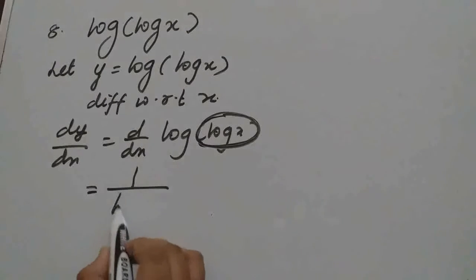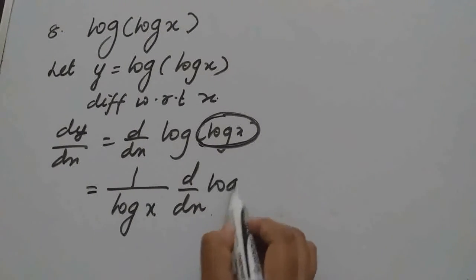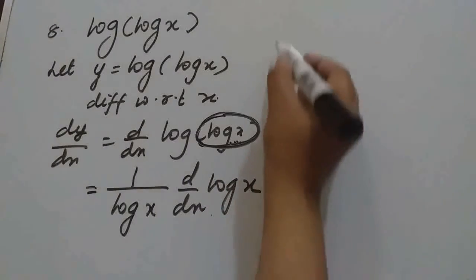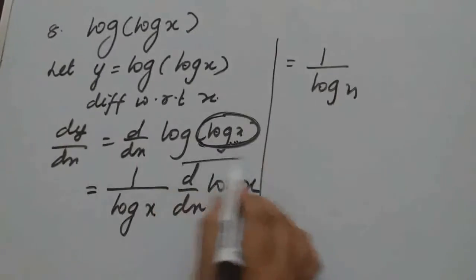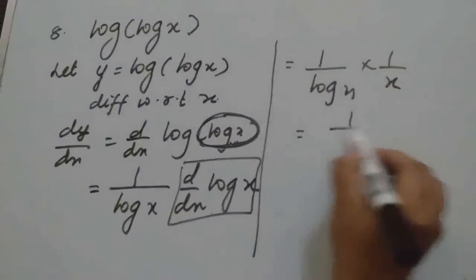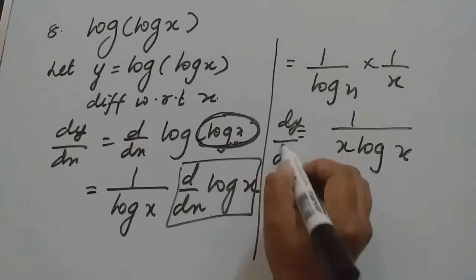So the formula will remain the same, 1/log x, and then the derivative of this composite function, that is log x. So we can write 1/log x, and this is a standard function, so directly 1/x. So the answer for this will be 1/(x log x).